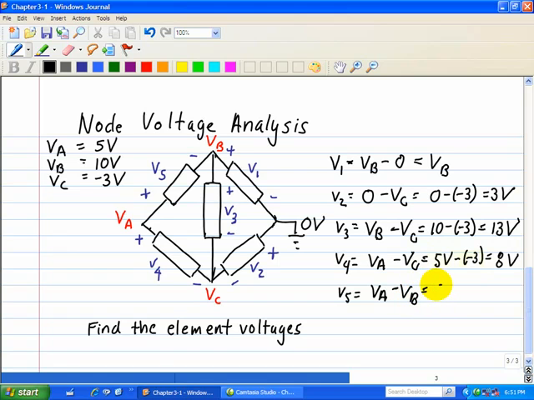We're given VA as 5 volts and VB as 10 volts, so 5 minus 10 is minus 5 volts. So that's how you do node voltage analysis associated with this circuit, and that concludes this example.